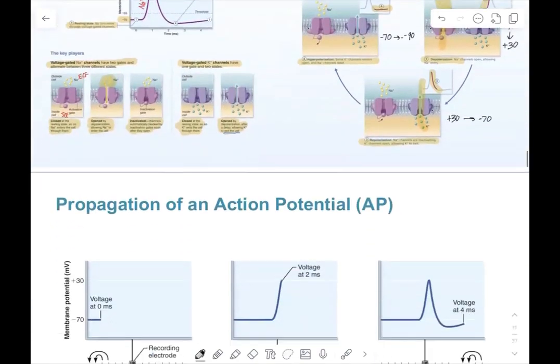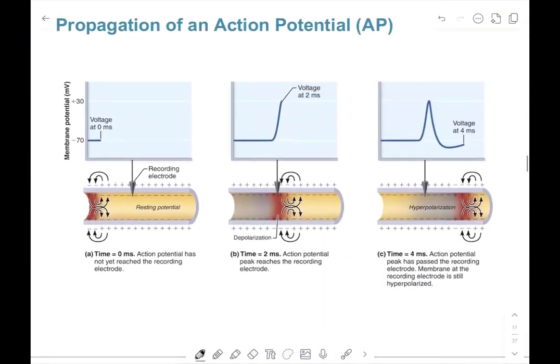Now, as an action potential propagates, this is exactly what is going to occur. This would be voltage at 0 milliseconds. It's not yet reached the recording electrode. Then at 2 milliseconds, the action potential reaches the recording electrode. So we have the upswing of the action potential.